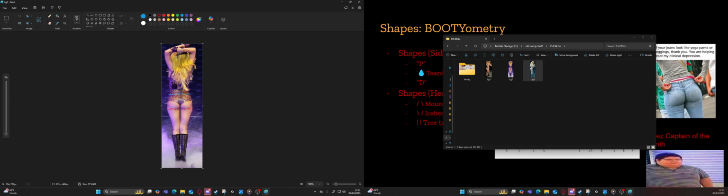So this is a prime example of, like I was saying, a tree trunk. As you can see, the back starts and stops there, and then the legs start and stop there, and it's very uniform going down. We're not taking into consideration the width of her hips per se. That's why we're cutting it like that. But it's very uniform.